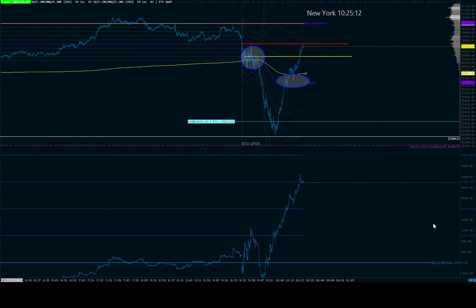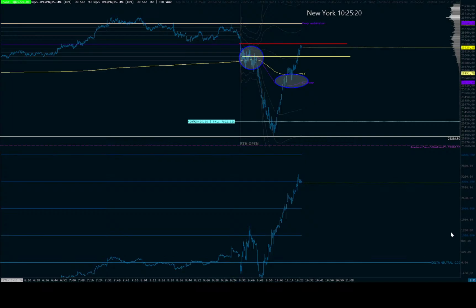At this point, it doesn't really matter to me what happens the rest of the day. I'm not trying to predict it or anything like that. Got into a trade, took some heat, and I'm finishing the day up. And so I'm going to exit, and that's it, right? Ends up being a good day.